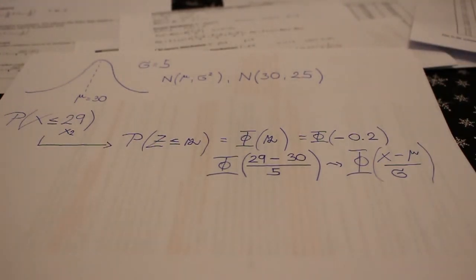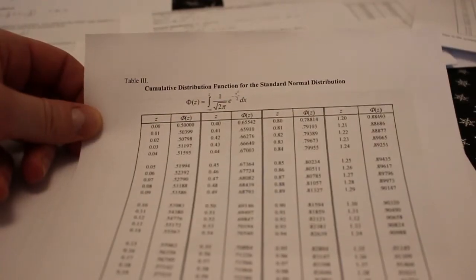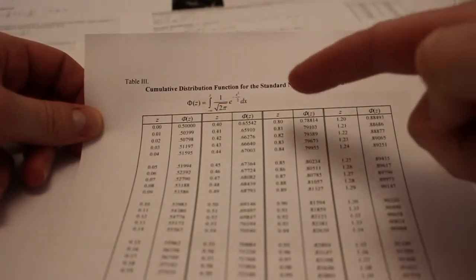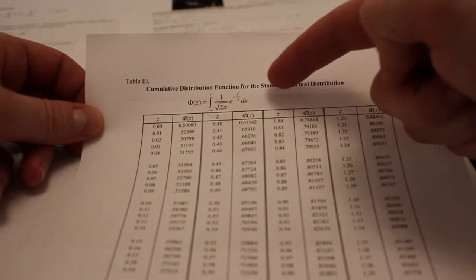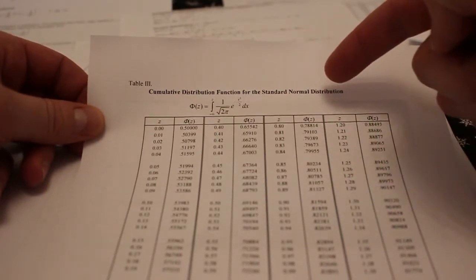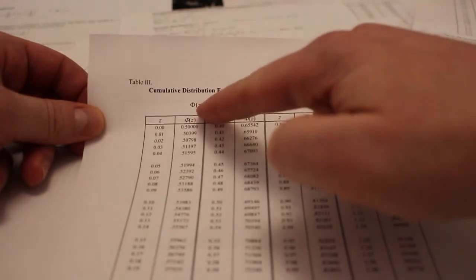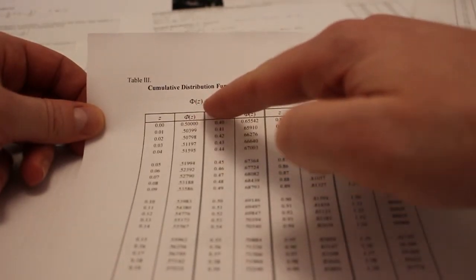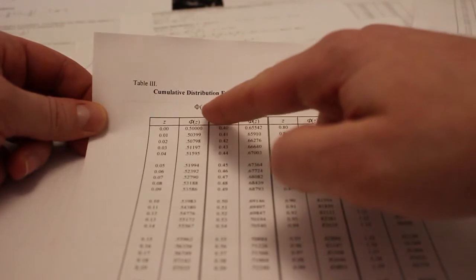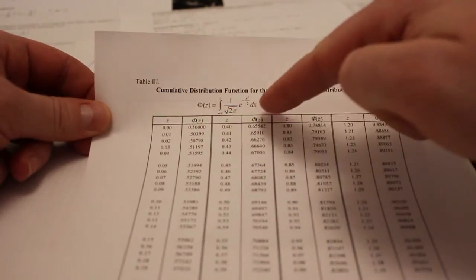Of normal distribution. In your statistical tables, you can find a cumulative distribution function for the standard normal distribution. We would like to find distribution function phi in point z equal to minus 0.2.